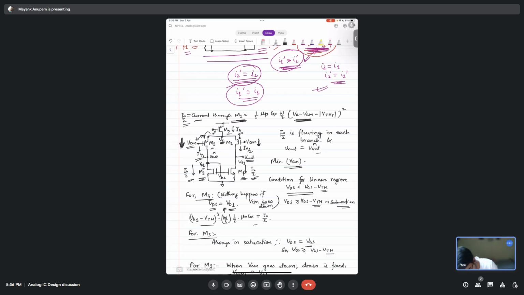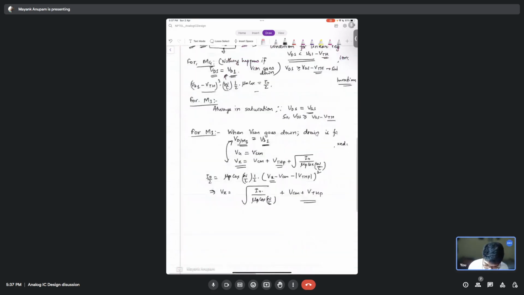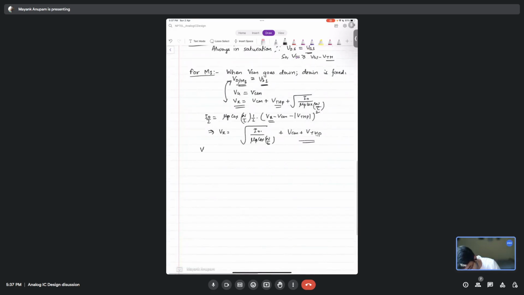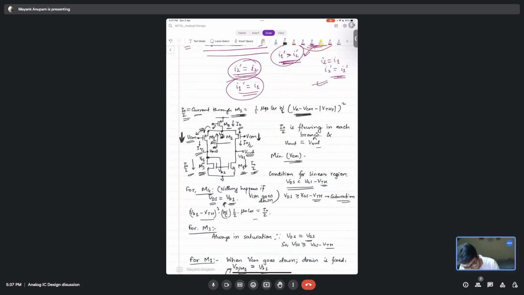So clearly, drain to source voltage is decreasing, but VGS is always the same. So this M1 has the possibility of going to linear region. M1 and M2 are exactly the same, both have the same possibility.